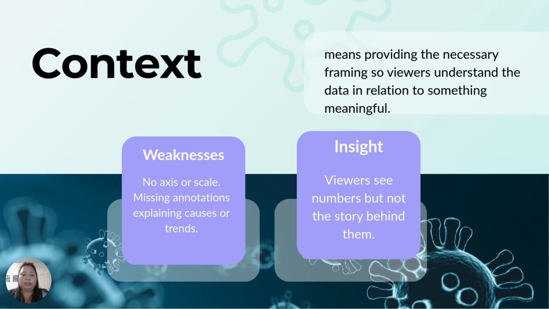For example, sanitation reforms and vaccines dramatically change outcomes, but that context is missing. The story behind it is missing. But the strength of our context is the timeline, which adds historical framing, and the ranking provides comparison. Without explanatory notes, viewers see numbers but not the story behind them.